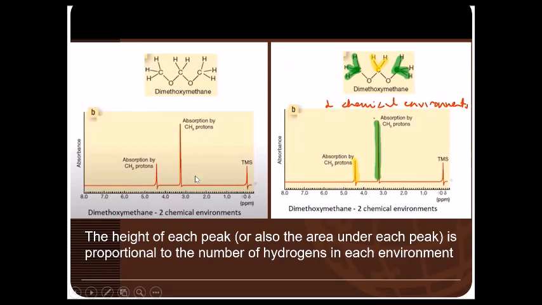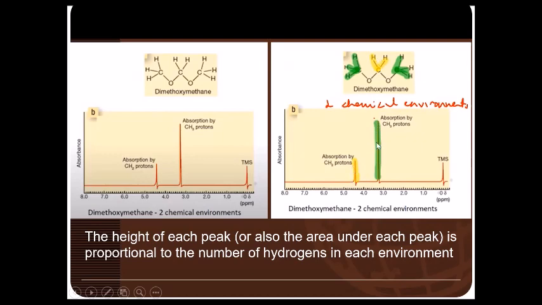Make sense? And as for the peak height here, you can see that their size, again, indicates the number of hydrogens in each chemical environment. The CH2 has fewer hydrogens, which is why it's a shorter peak.